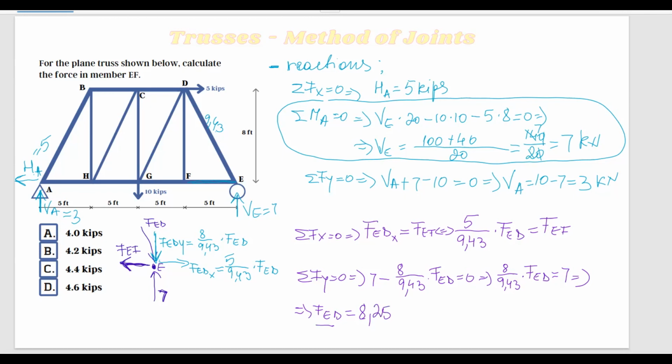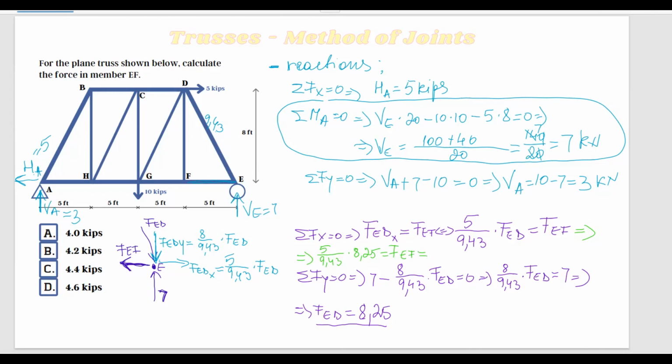And now that we know FED, we can come back to the FX equation and calculate FEF. So from here, 5 over 9.43 multiplied by FED, which is 8.25, equals FEF.